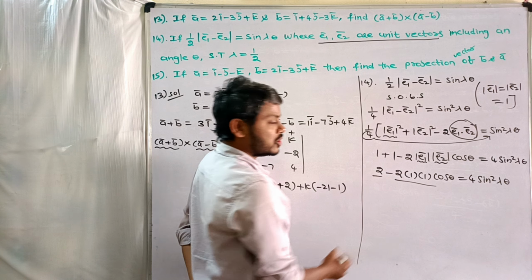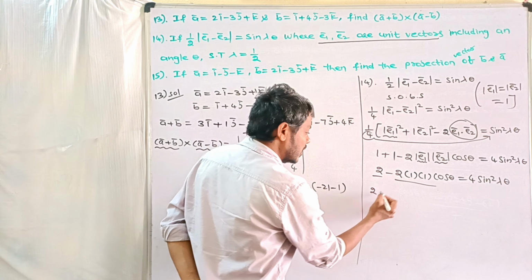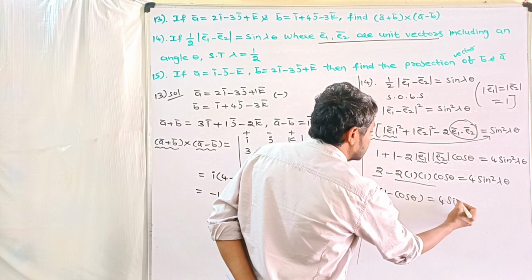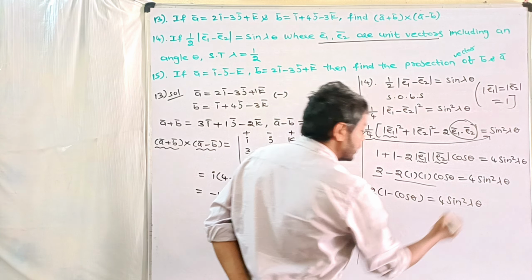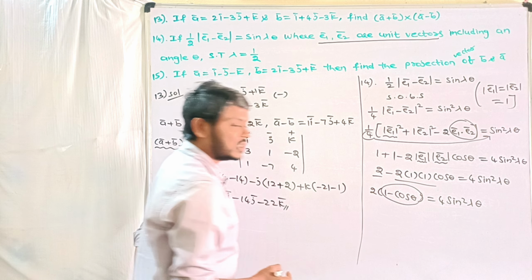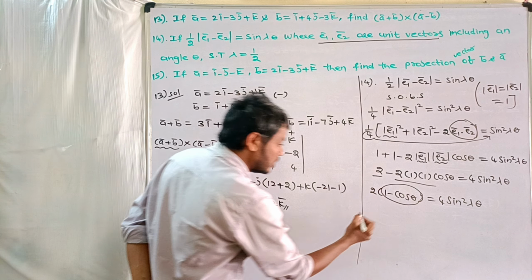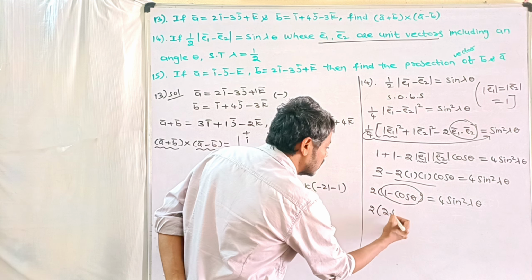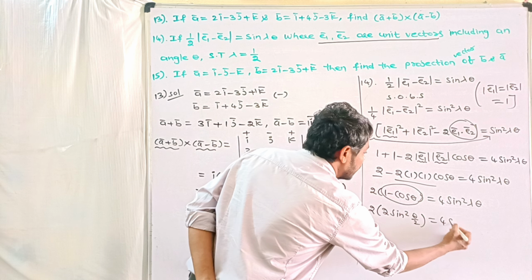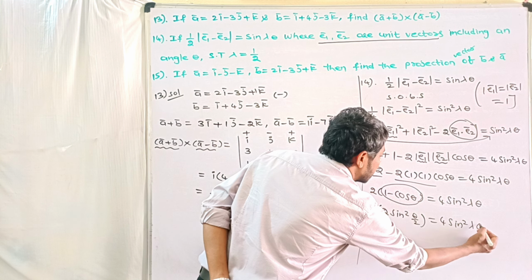From both the terms, 2 is common. So 2 into 1 minus cos theta equals 4 into sin square lambda theta. Okay. Now we know that 1 minus cos theta formula is 2 sin square theta by 2. So 2 into 2 sin square theta by 2, which is equal to 4 sin square lambda theta.